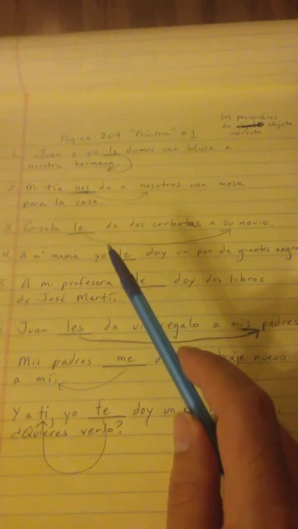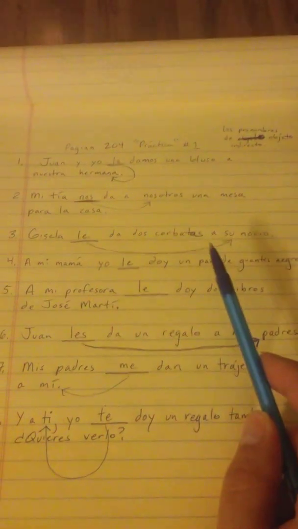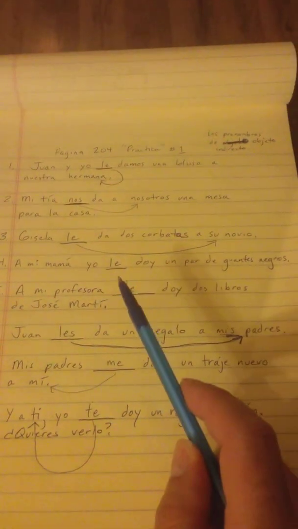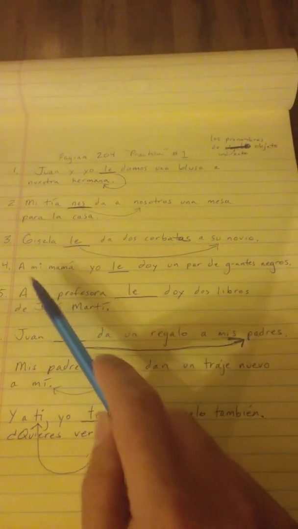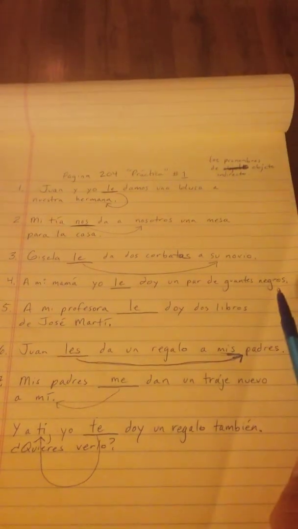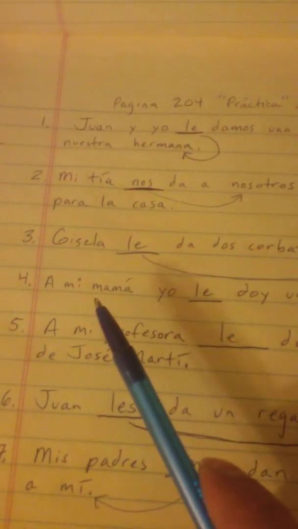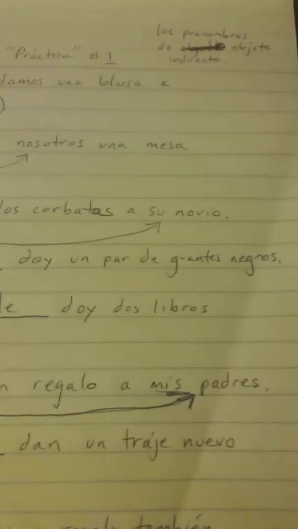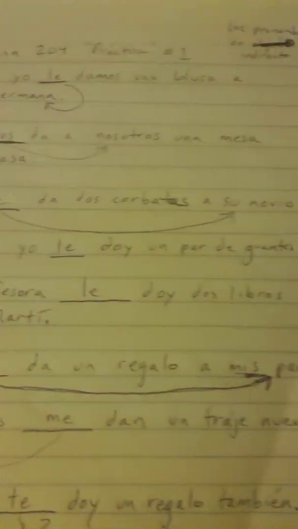Yeah, a su novio, to her boyfriend. A mi mamá. So it starts out that way. It literally means to my mother, I give her a pair of black gloves. A mi mamá, to my mother, right? A mi mamá yo le doy un par de guantes negros. So to my mother, I give her a pair of black gloves, right?